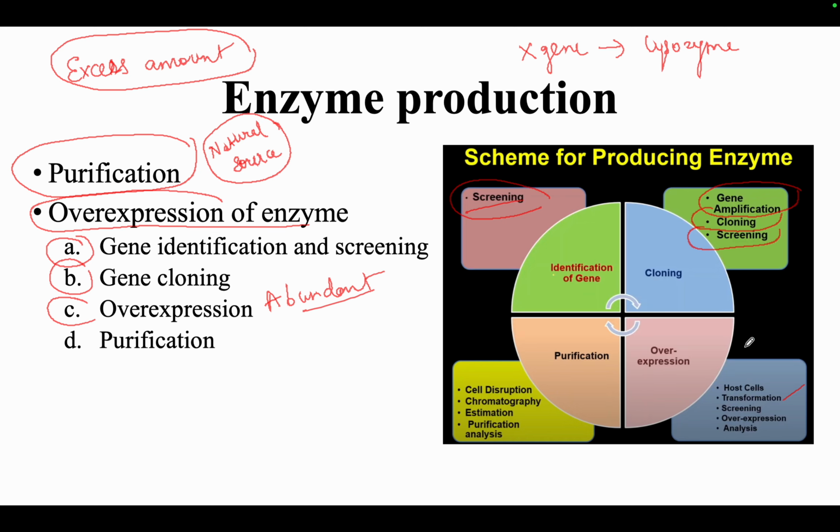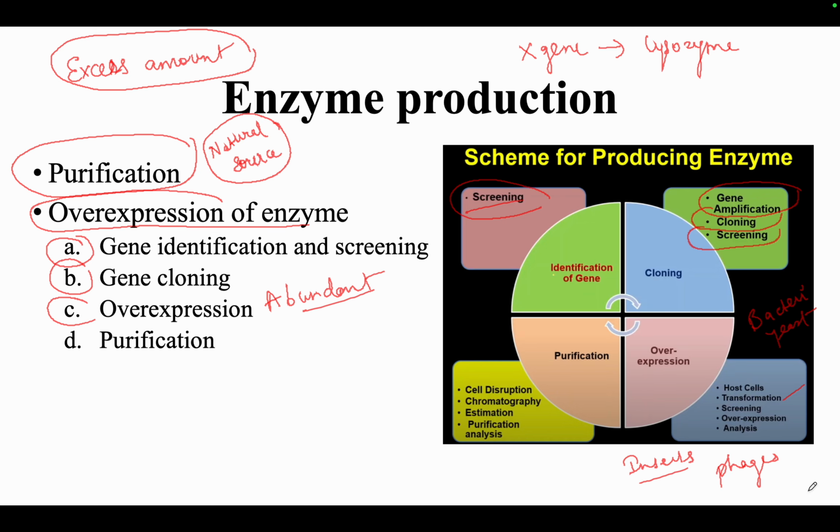The host cells could be bacteria, yeast, and other eukaryotes like mammalian cells and insects, and phages. Depending upon the type of gene we want to clone, there are multiple host cells.